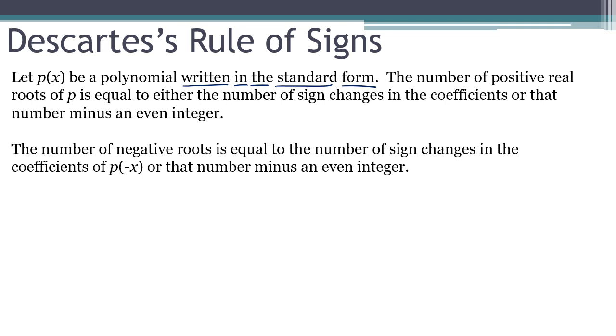Then, the number of positive real roots, so that's what we're talking about here, has to be equal to either the number of sign changes in the coefficients, we'll talk about what that is when we look at an example, or that number minus an even integer.